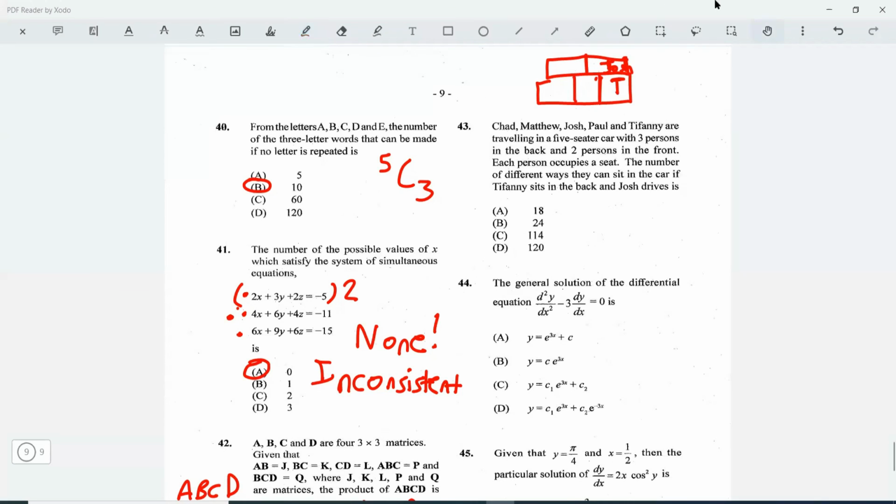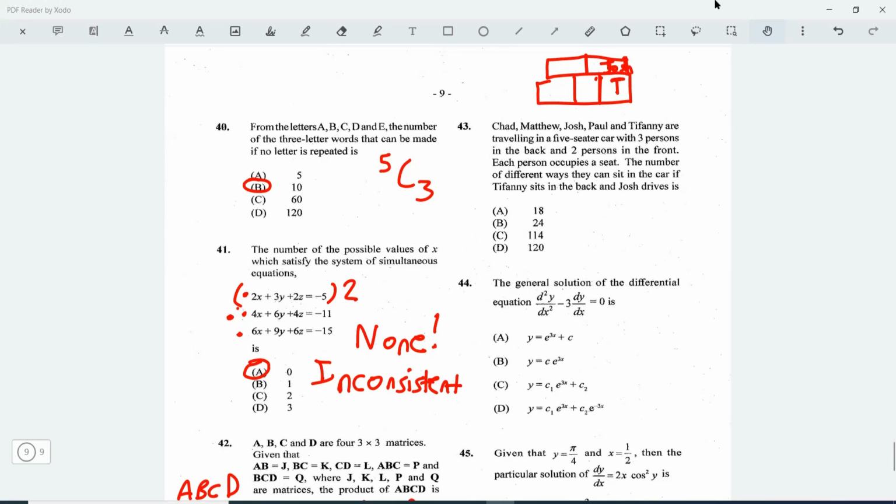So if Tiffany must sit at the back, now we're left with any of the 3 persons who can go here. So what do we notice? Look at this. So 1, 2, 3, 4, these are the 5 persons. Josh is driving and Tiffany is sitting at the back, all right?